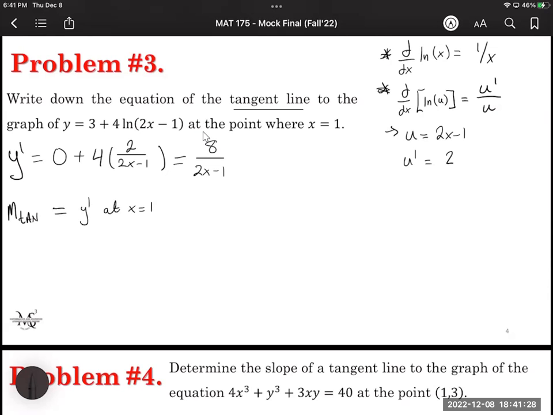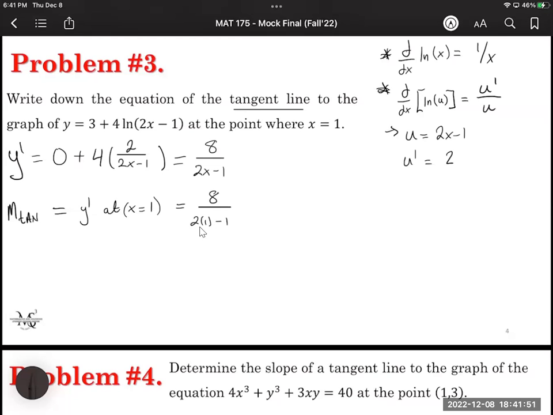It means that you're just evaluating your derivative at x equals 1 to get the slope of your tangent line. So what's 2 times 1 divided by 1 minus 1? Let's take care of that bottom. 2 times 1 minus 1.